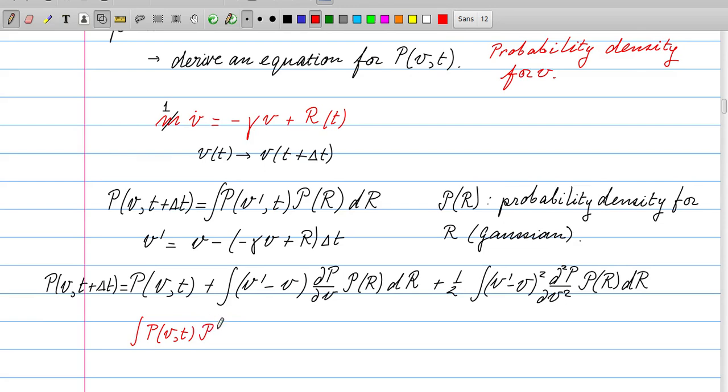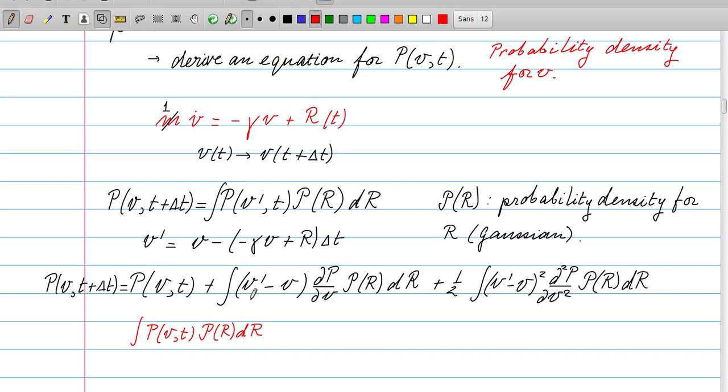Then I have the curly p of r, and then I have dr. I can extract this p(v,t) in front of the integral because it does not depend on r. You see, only v primed depends on r, but the v is given. And then the integral over curly p of r, well, that should be a normalized probability density. So I simply get p as a function of v and t.